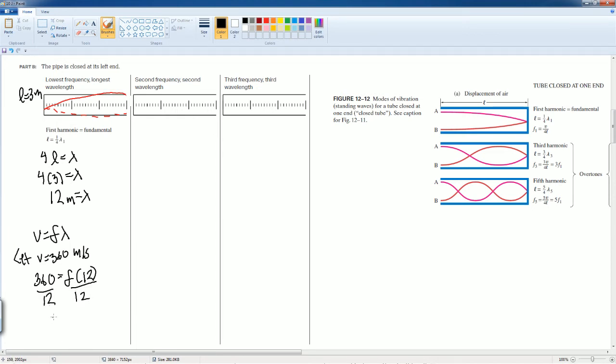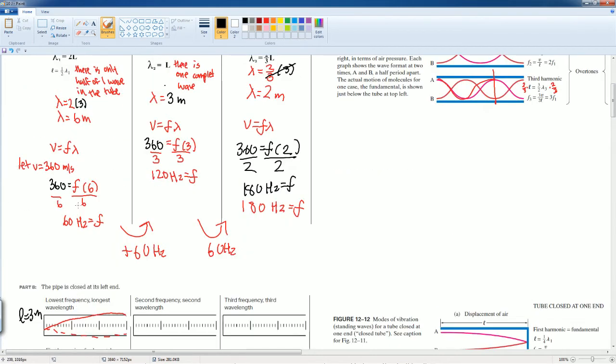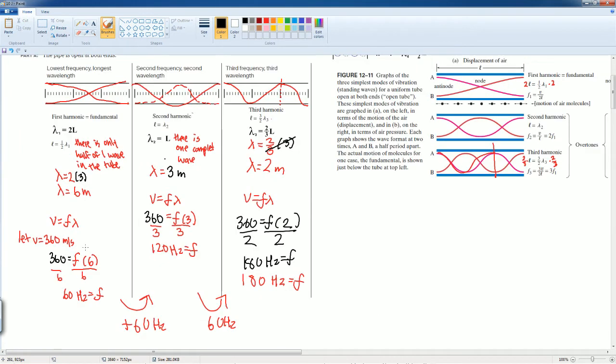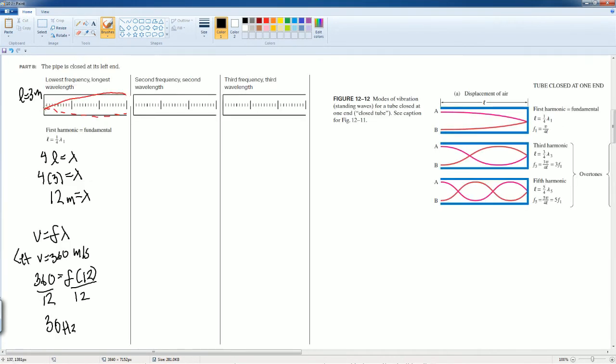You get here 360 divided by 12 will get you 30 hertz. Right? So the first harmonic for the closed pipe is actually half of the open pipe. Right? That makes sense because one end is closed. So it's going to be half of that. Right? So the next harmonic looks like that. So looks like it's almost a complete wave. It's 3/4 of a complete wave. Okay, so that's gonna be hard to draw.